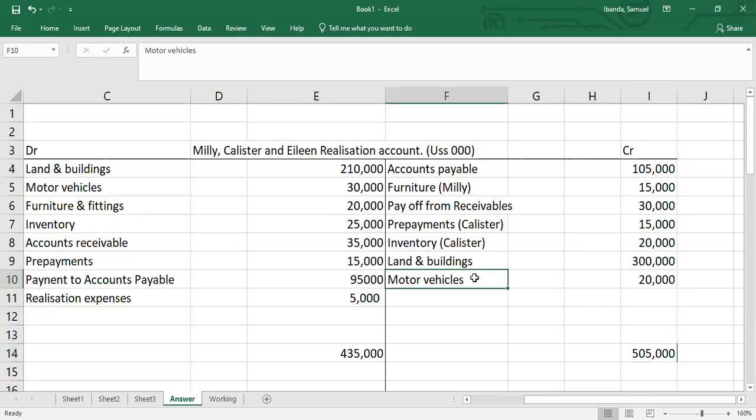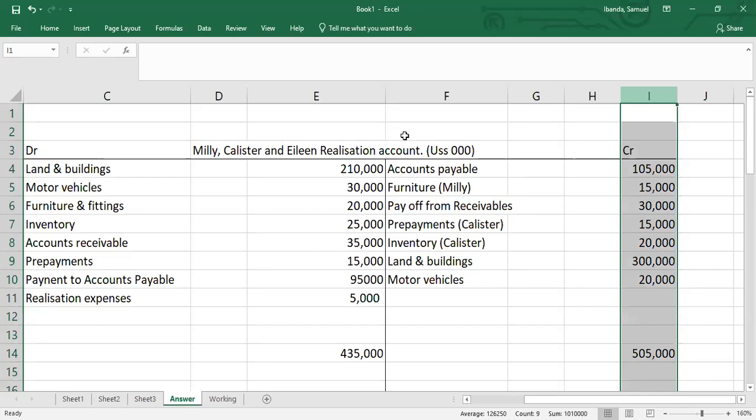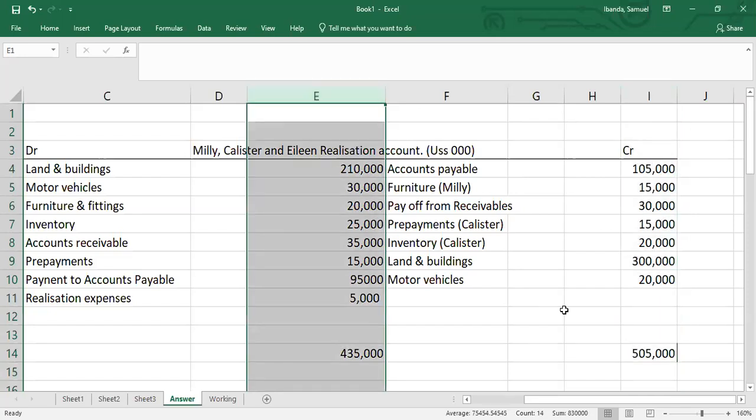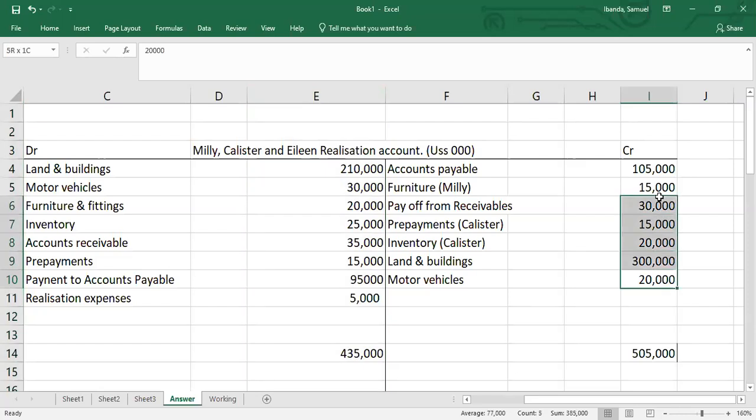Remember, this is where we've been recording the payments for assets, receipts from receivables, and what has been taken off by the respective partners on the credit side. The realization account has a normal credit balance. If your credit side is more than your debit side, it means you have a profit on realization. It means you've earned more from the assets than what was their value.